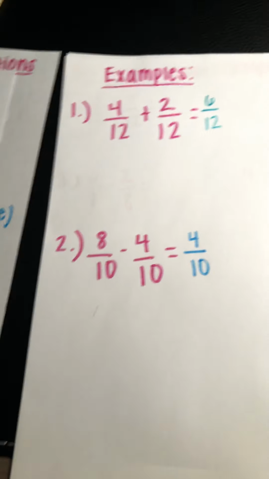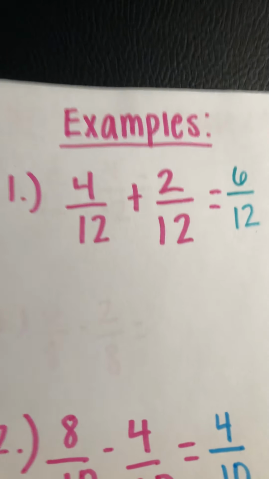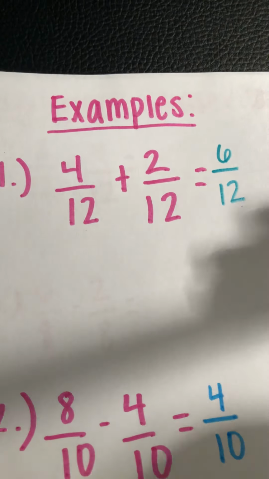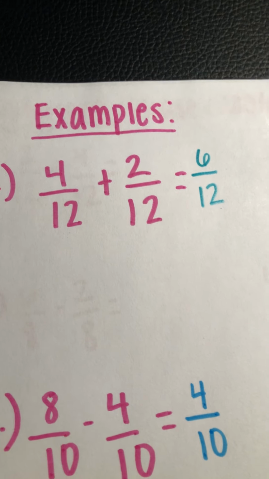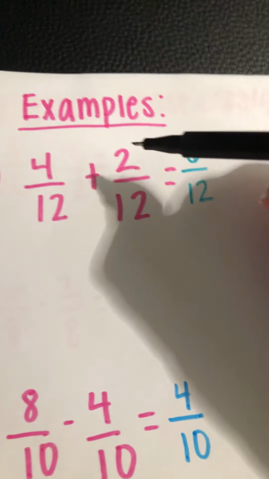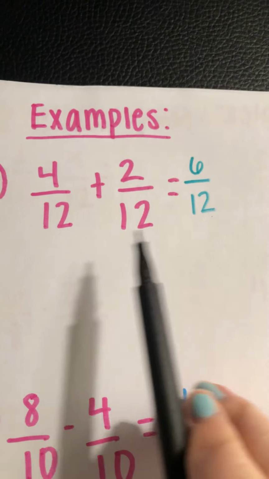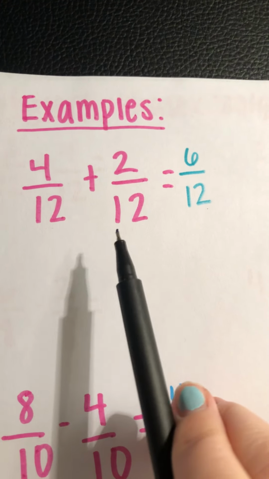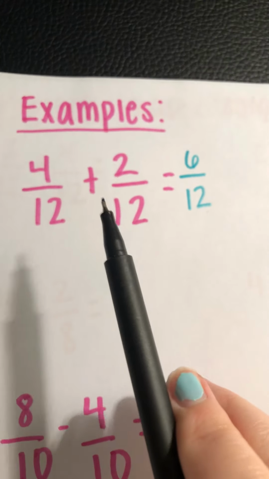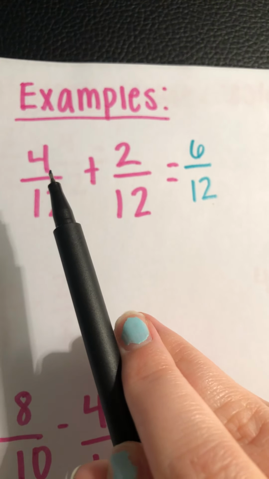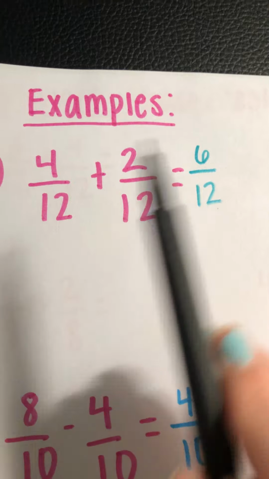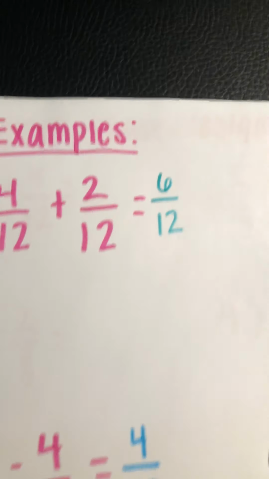All right, let's do some examples. So make sure to be writing these down in your notebook. So we have 4/12 plus 2/12. The 12s are the same, the denominators are the same, so that tells me I am ready to add. And I just need to add the numerators, 4 plus 2, which gives me 6, and the 12 stays the same.